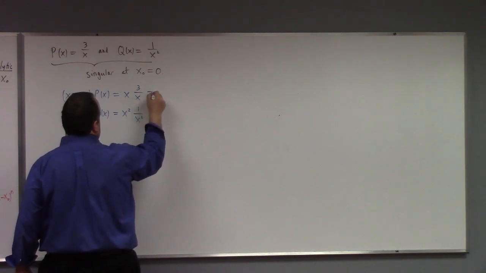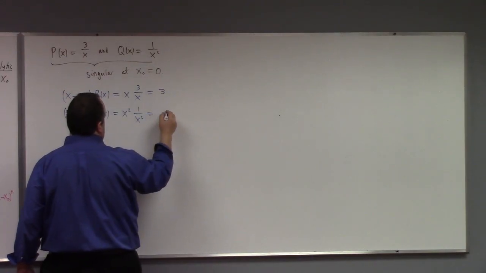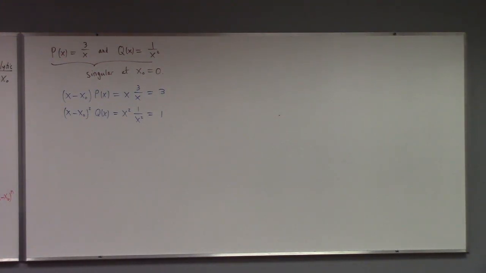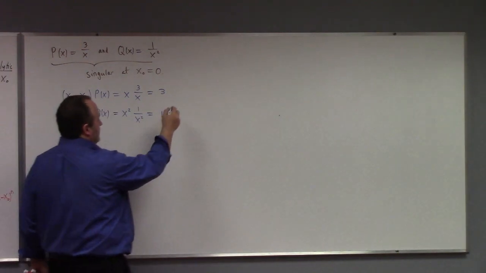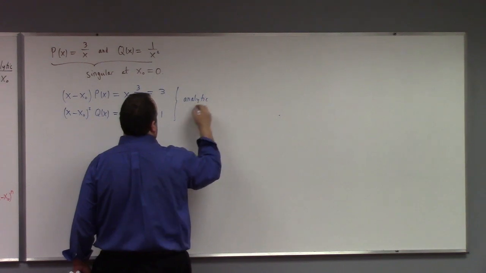So what are we left with? 3, right? And 1. Technically speaking, we're thinking about the limit as x approaches x naught as we judge these things, all right? Do you guys know what I'm talking about? Yes, no, maybe so. So these are both analytic at x naught equal to 0.